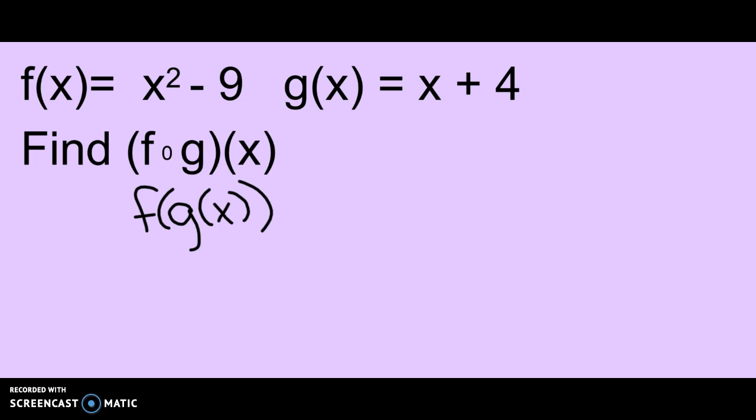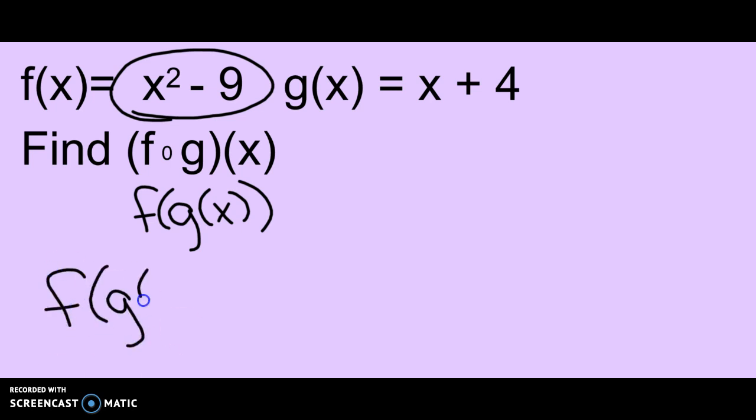I've got to say, my big function is f. So we're going to start with the f function, x squared minus 9. I'm going to start with my big function, x squared, minus 9.